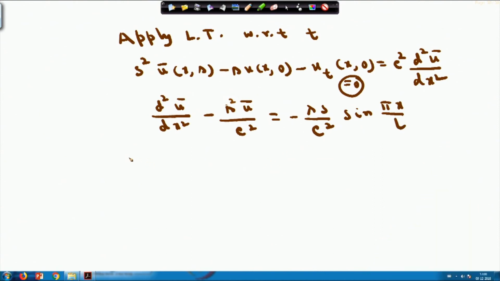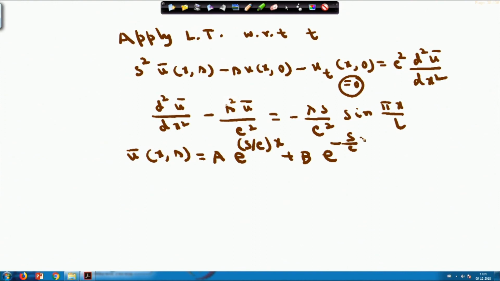So, for this case, your solution of this problem will be ū(x,s) equals a e^(s/c x) plus b e^(−s/c x).